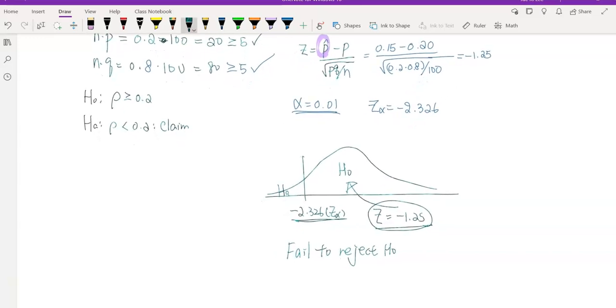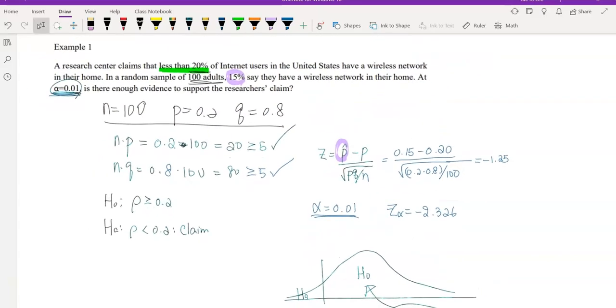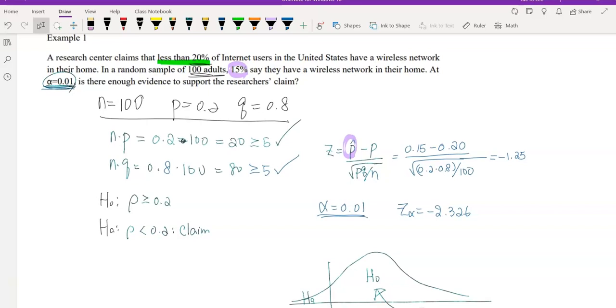Therefore the answer is there is not enough evidence to support the claim. Okay, that's the answer for this problem. So basically the researcher's claim is not correct.